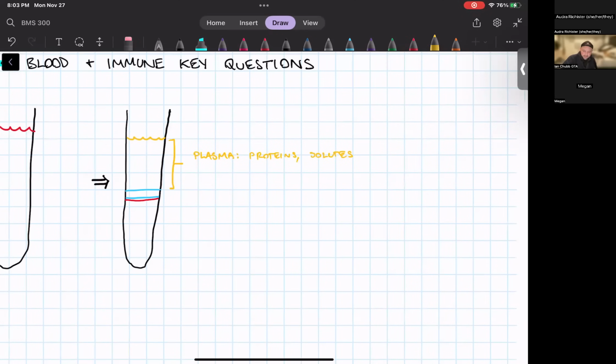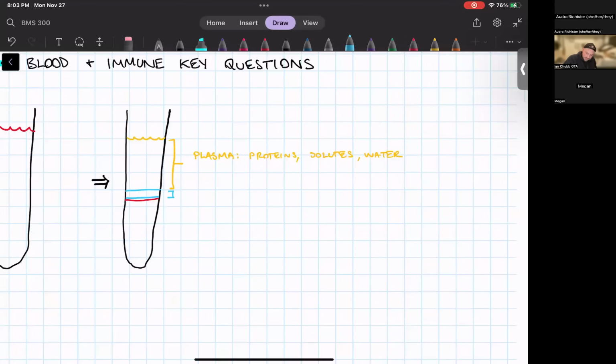Another really interesting thing to point out is you would probably find antibodies here because a lot of the time we have plasma B cells, and those B cells secrete their antibodies into the plasma. So you might find some antibodies, which would be under the category of proteins. A lot of this is also just going to be water. But that's what's located at the top.